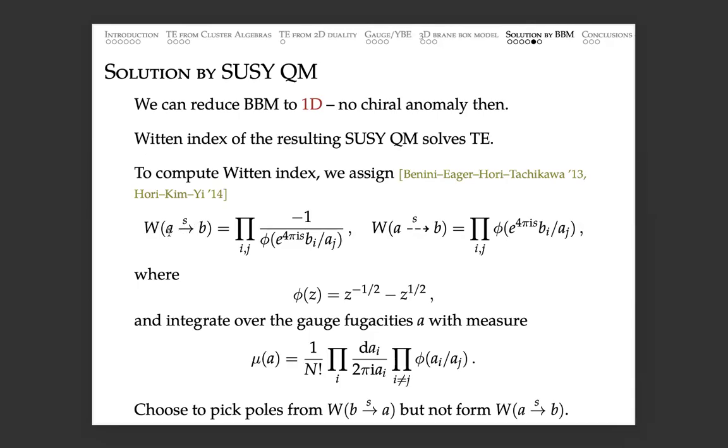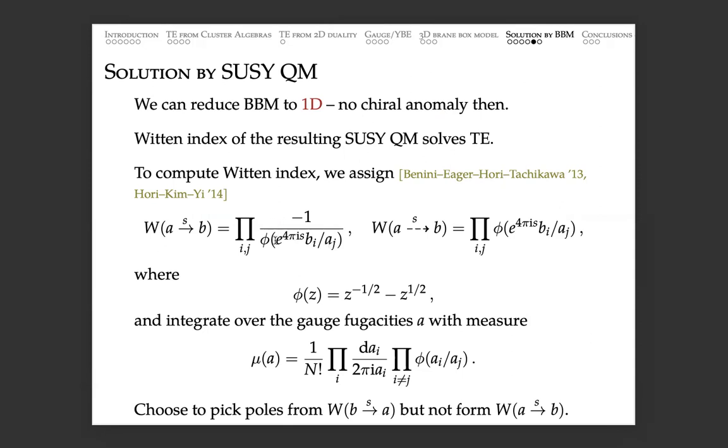Then, as I said, A and B are U(N) gauge groups, but you can think of them as spin sites, where the spin variables are A1, A2 up to AN at site A, and similarly you have B1, B2 up to BN at site B. And these are circle valued, in a unit circle.